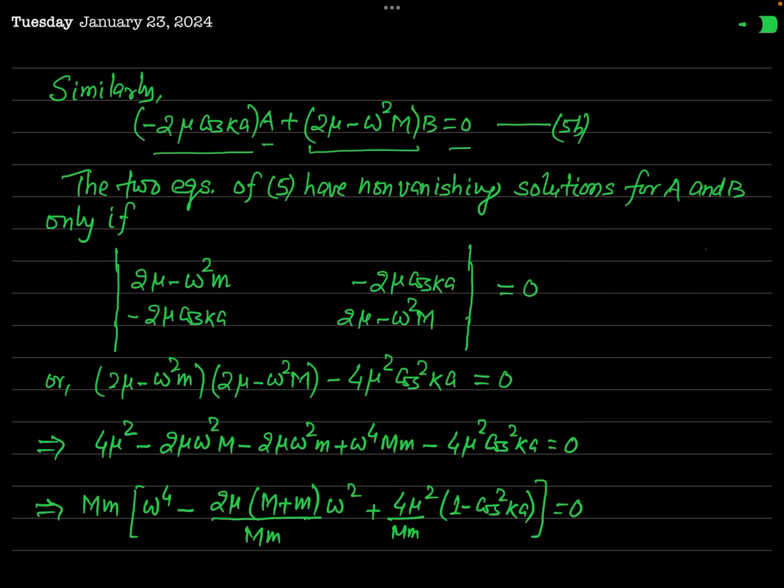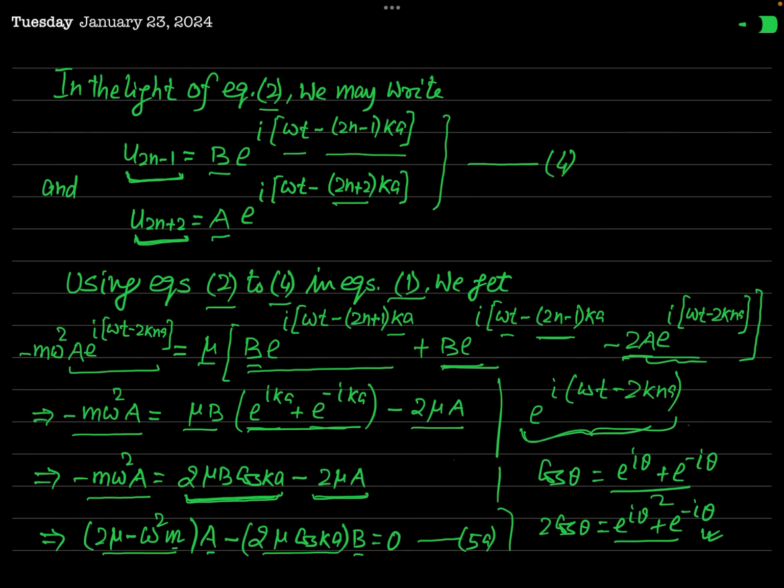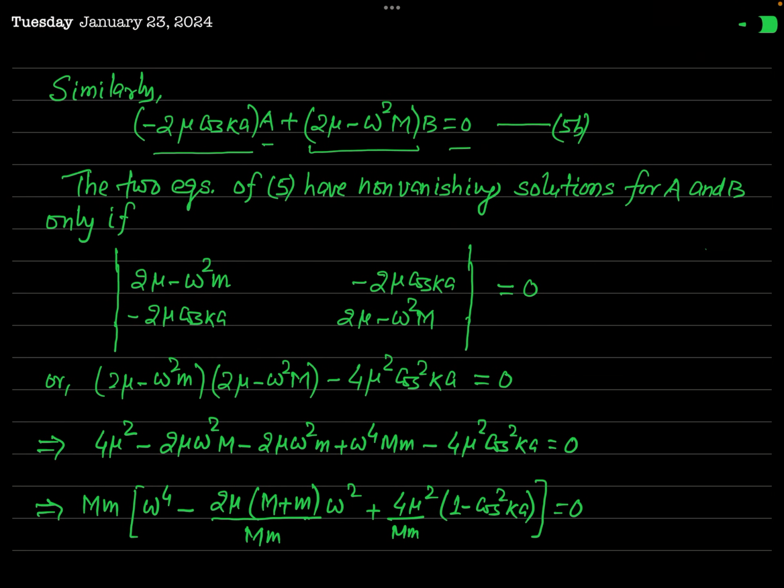Now you can see that equation 5a and equation 5b, these two equations are a set of homogeneous linear equations.